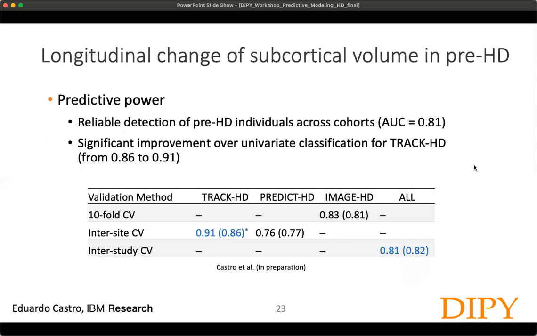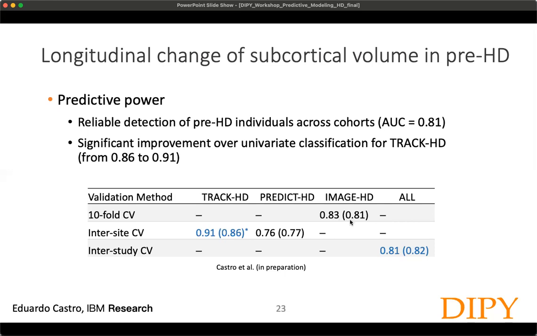But first, let's look at how well the model performed across these studies. Let me tell you first that the first value that you see in each of these entries in the table is not the prediction accuracy, but the AUC, a measure of performance, the area under the ROC curve achieved by the classifier when incorporating all of the subcortical structures.